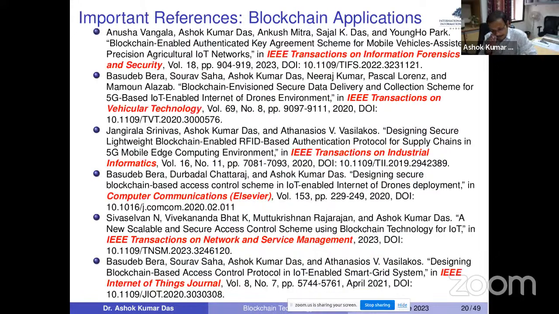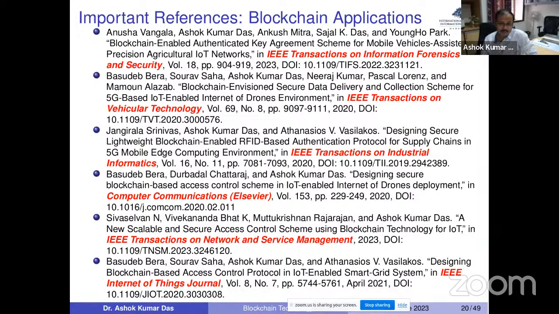If you are interested, you can look at some of the publications from our research team. For example, we have applied blockchain technologies for mobile vehicle assisted precision agriculture IoT networks, which was recently published in IEEE Transactions on Information Forensics and Security, which is treated as the number one security journal in the world.